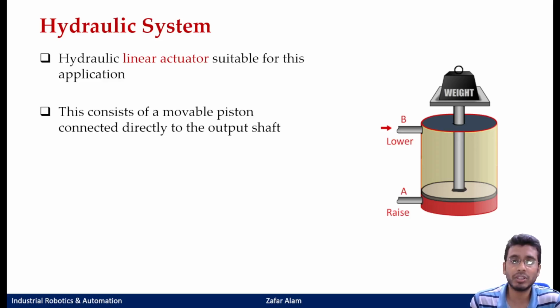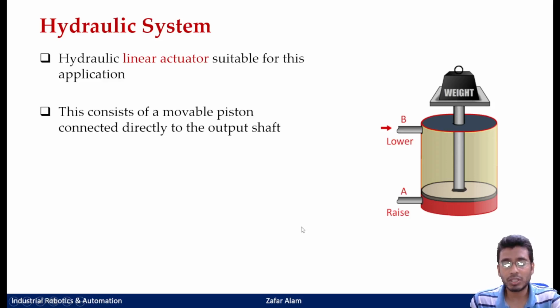For example, you have your output shaft here, on top of which your load will be kept, right? And then there is a piston here, and this is a piston rod that has a connection to this weight.